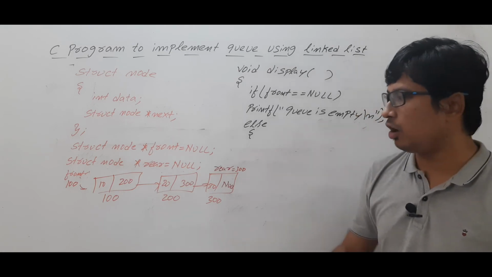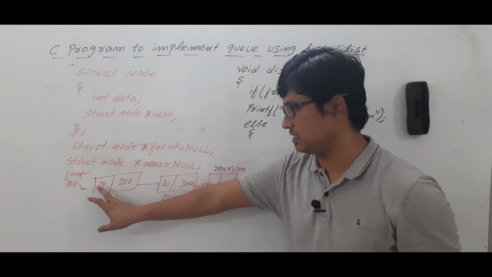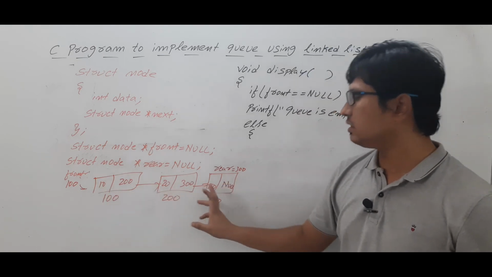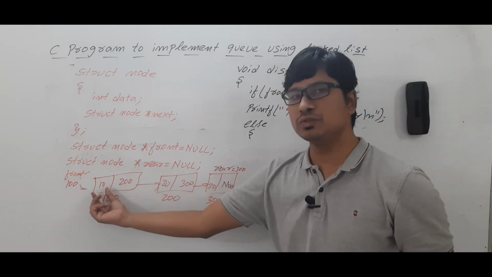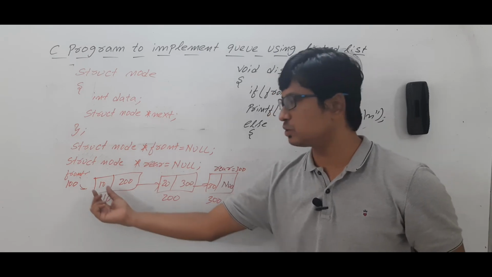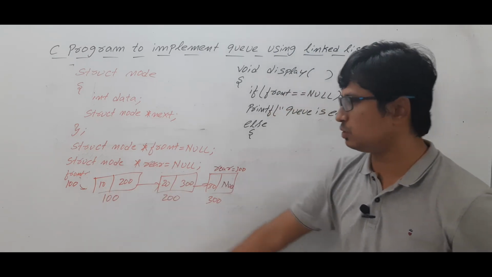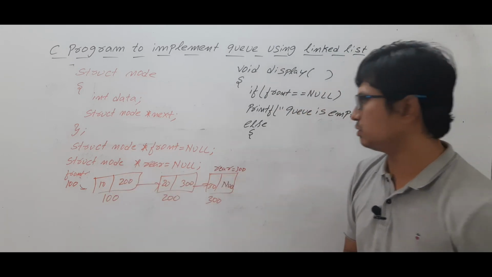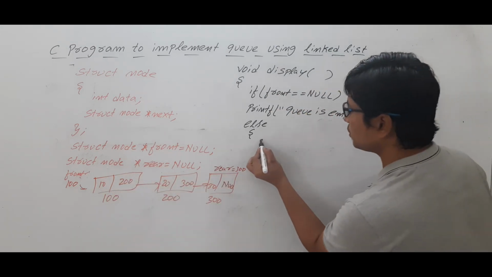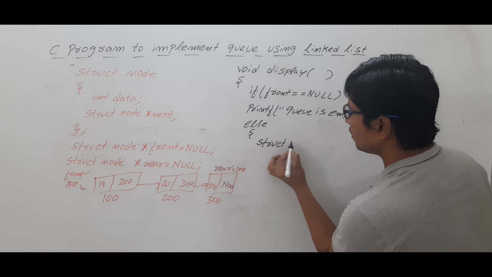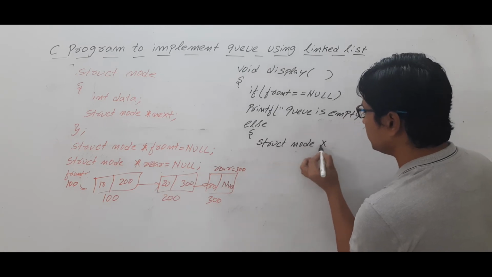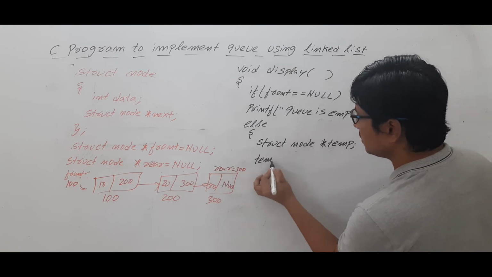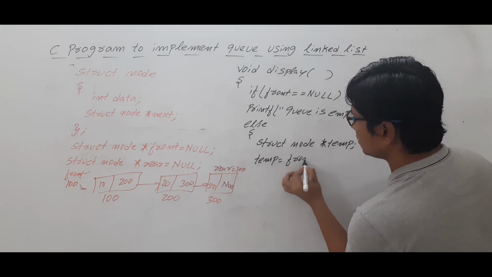How to display? Always you should display the elements as 10, 20, 30, because 10 was inserted first, then 20, then 30. So the element which was inserted first should be displayed first. So you should display from here, here, here and up to here you should go. Then you have to declare one variable called temp, and assign the value which is there in the front.